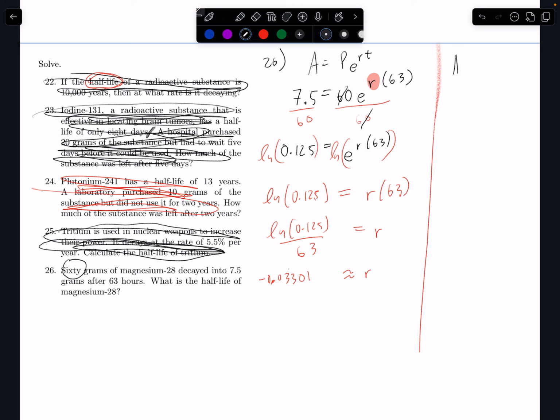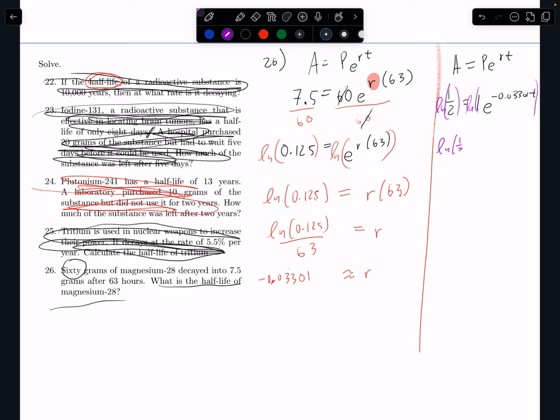So that's my rate. Now let's go redo the question with A equal to Pe to the rt. What is it asking for? It's asking for the half-life, right? So half-life means A is going to be a half, where P is 1. e to, now I know the rate, negative 0.03301 t. And t is what I'm trying to figure out. Same usual method: take natural logs of both sides.